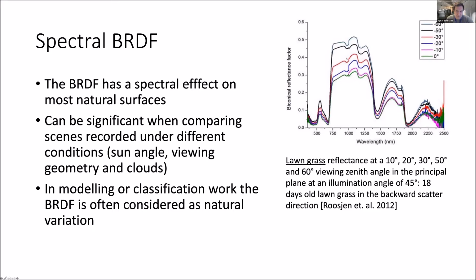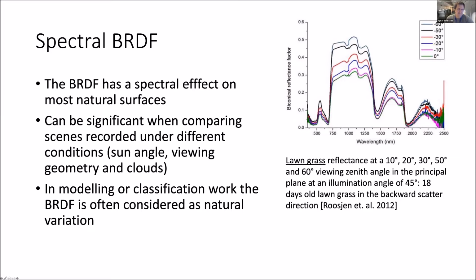And if you look at this plot, you can see that 0 degrees is nadir, meaning that the camera is looking straight down. We have less reflectance in the visible near infrared range relative to the infrared range than if we view this at minus 60 degrees zenith angle, for instance.